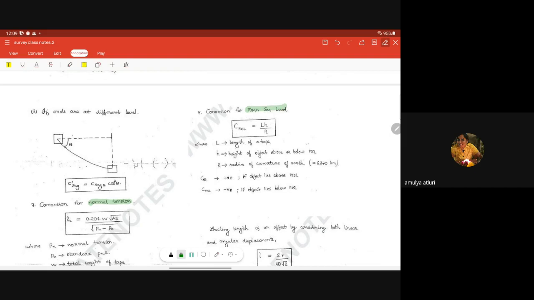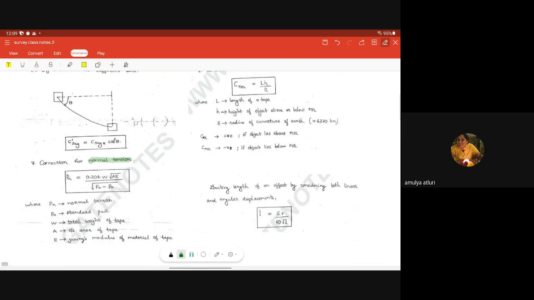We'll consider one datum, right? Mean sea level. And correction for offsets. We'll go with the offsets now. Then the limiting length of offsets is considered.